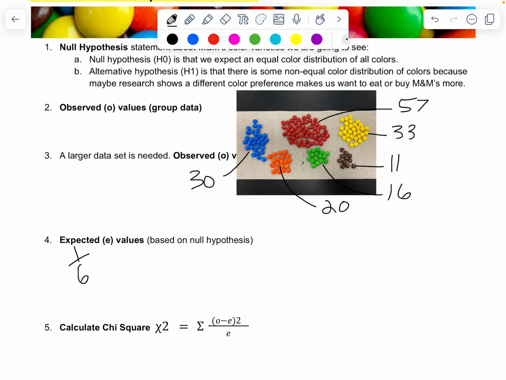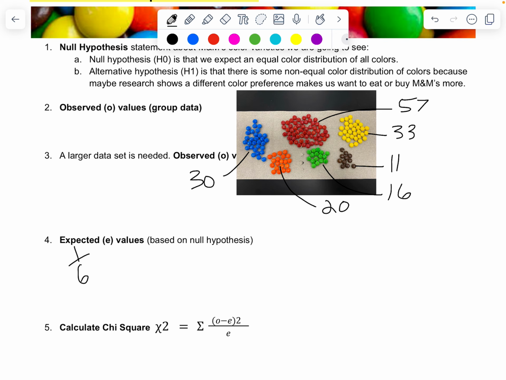So 30 plus 20 plus 16 plus 11 plus 33 plus 57 is 167, divided by 6.